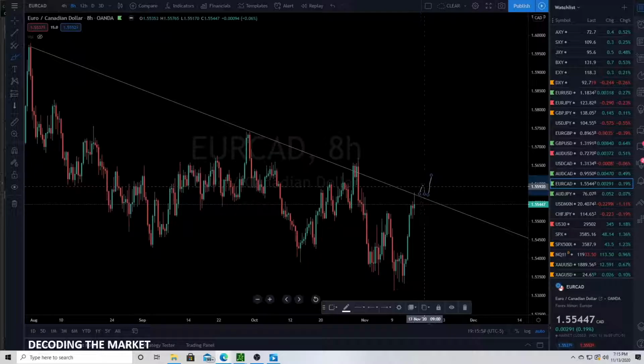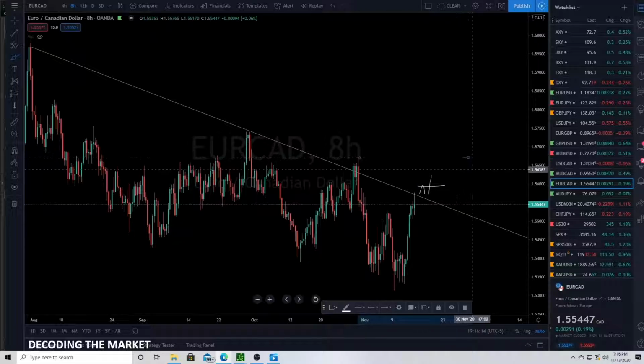And right here, when the price goes above this area, you can make an entry to go to the uptrend and expect to hit this level. And then right here we expect to have some kind of resistance and the price to make some kind of move to the downtrend.